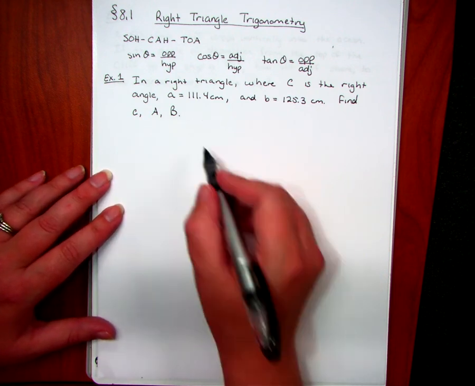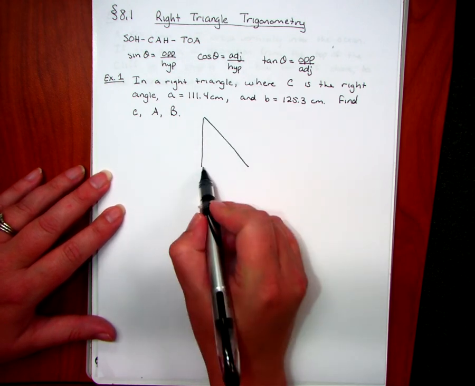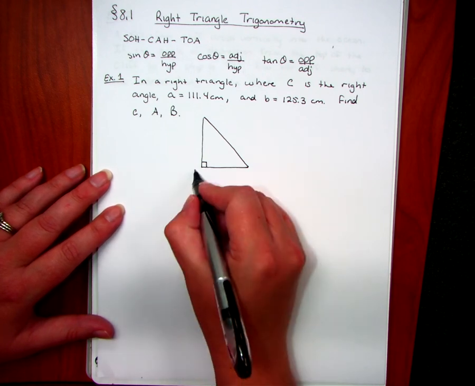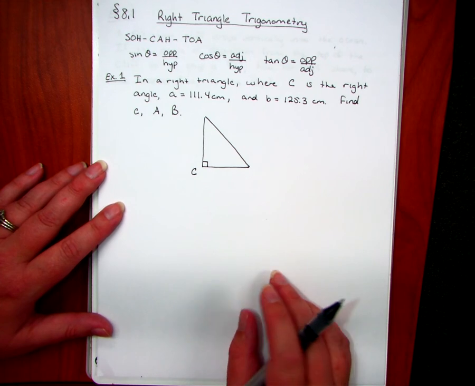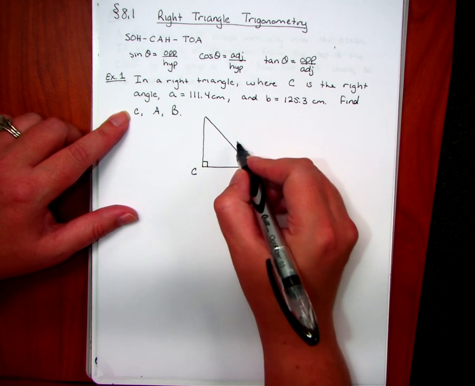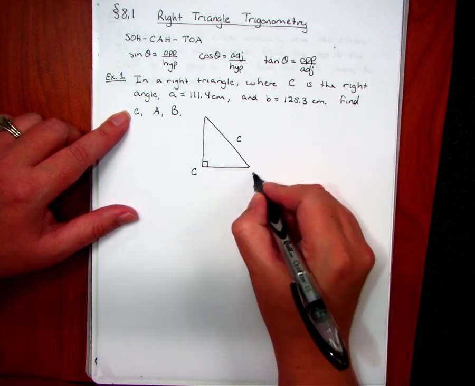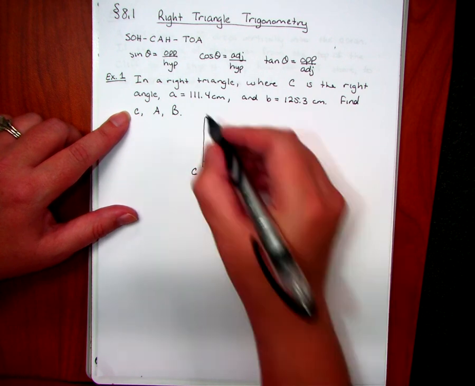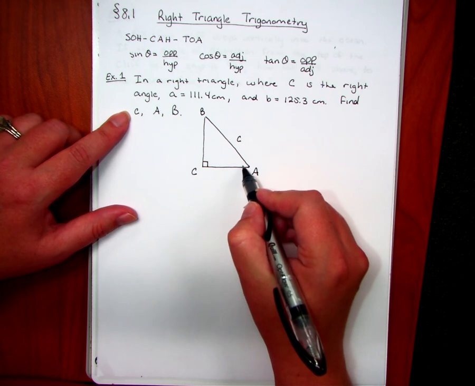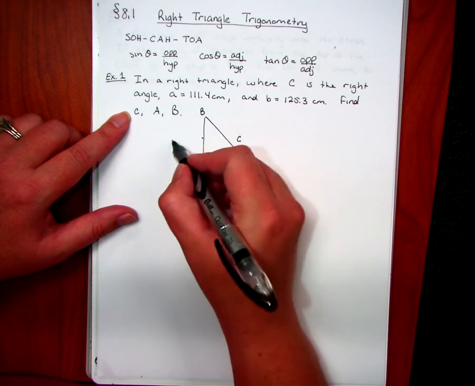So I'm going to start by drawing a right triangle here. So here's my right angle, and right angle is our angle C. And then across from, opposite to that right angle is side C. Right? And so then I'm just going to put angle A on the bottom corner and angle B on the top corner. So this bottom acute angle here is angle A. So if I look at the side opposite angle A, that's where little a is.